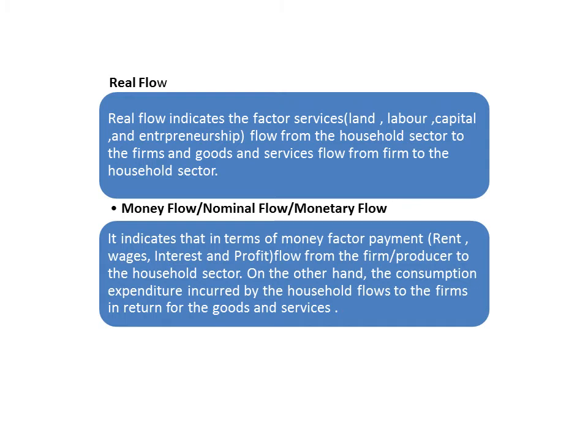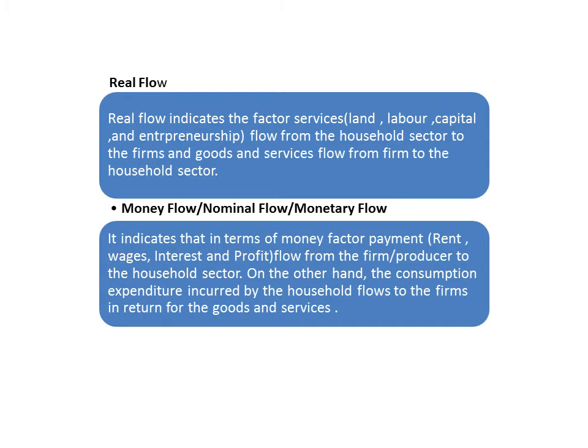Now money flow is also called nominal flow or monetary flow. Different books have different names, but we should know them, so that if in the examination it says nominal flow, it cannot happen that we don't know. This is another name of money flow: nominal flow and monetary flow. So what does it indicate?